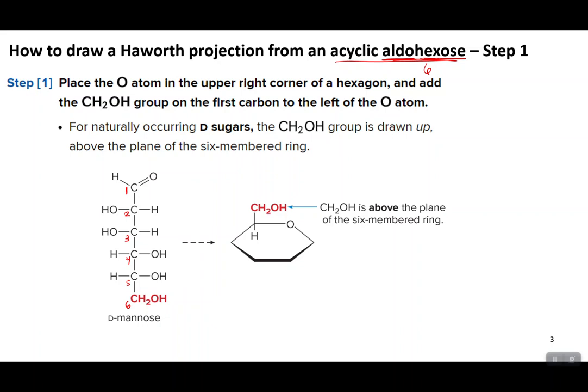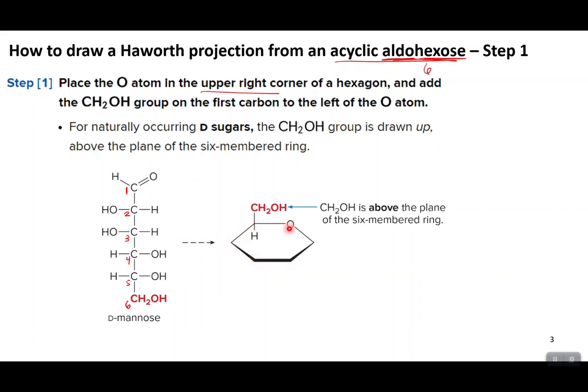Now let's place the oxygen atom in the upper right corner of your hexagon. So aldohexoses are going to form 6-membered rings. But these 6-membered rings are not going to be all carbons, as we have seen so far. One of the locations on your ring is going to be an oxygen. So in terms of position here, you will see that you have 1, 2, 3, 4, 5, 6 points in your ring, but one of those is an oxygen.